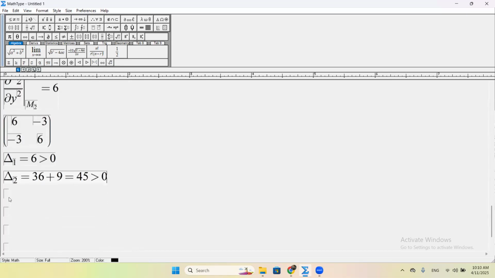So we have a positively defined quadratic form.